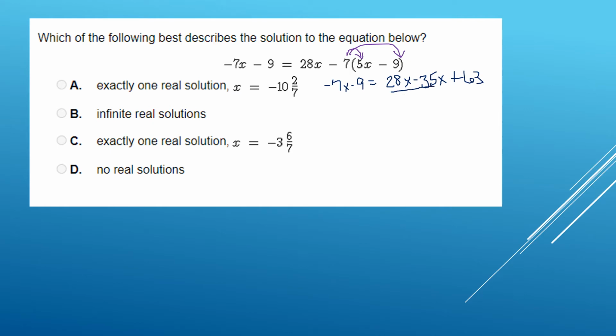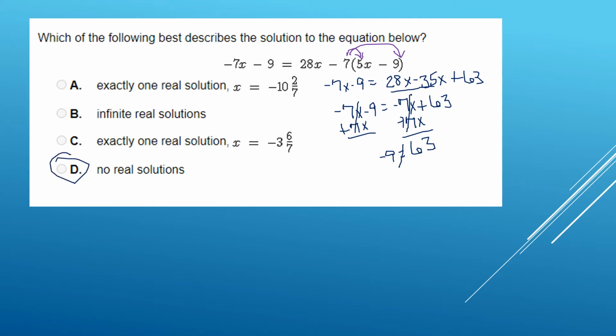So I'm going to combine like terms. So 28x minus 35x is negative 7x plus 63. And I'm going to add 7x to both sides. So over here it forms a 0 pair. Over here it forms a 0 pair. And negative 9 does not equal 63. So this would also be no real solutions.